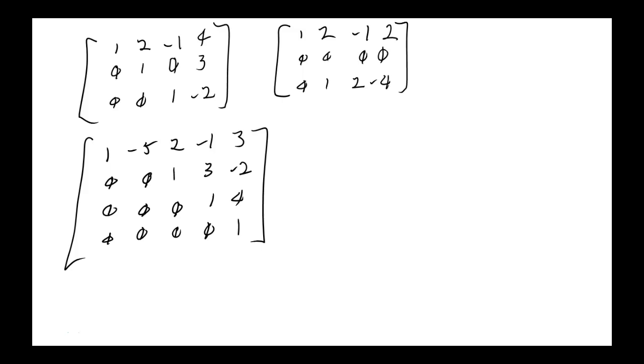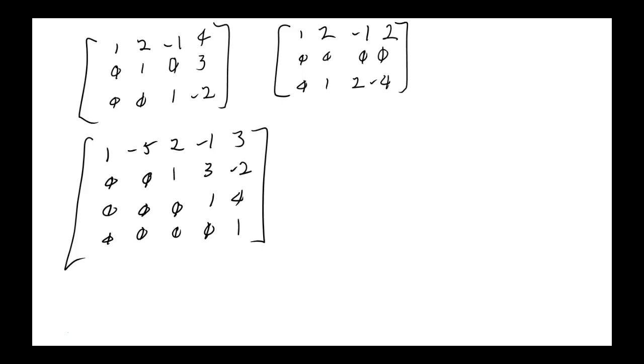If this did represent a system of equations with 4 variables, 4 equations, what would be your solution to this one? How many solutions would you have? None, because this 0 can't equal 1.